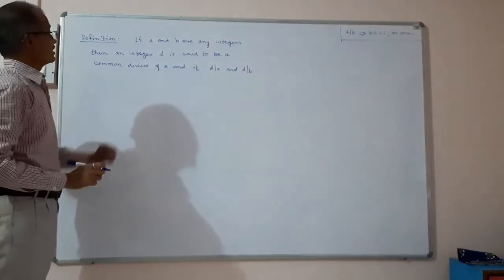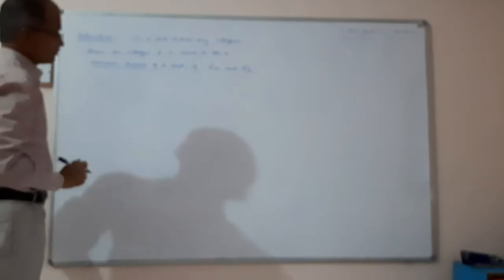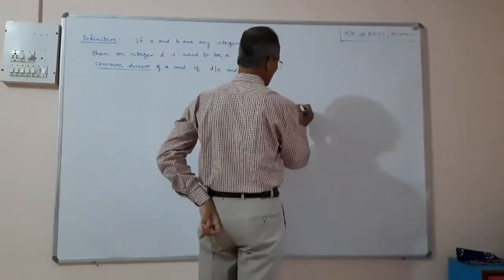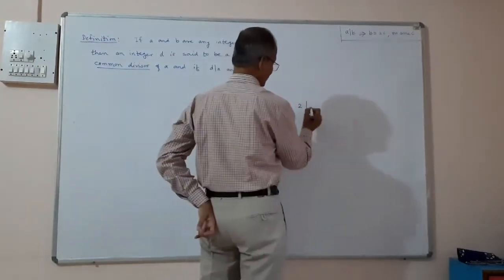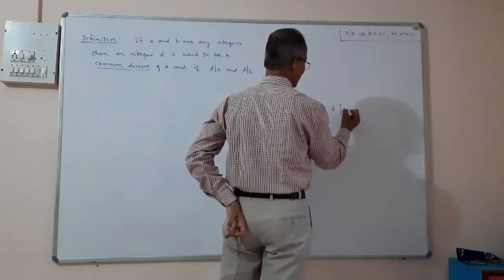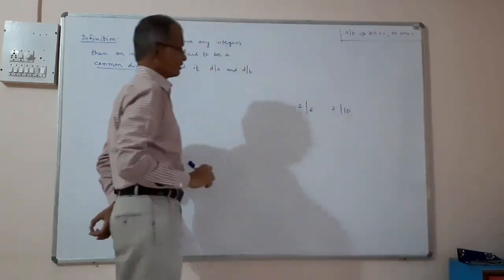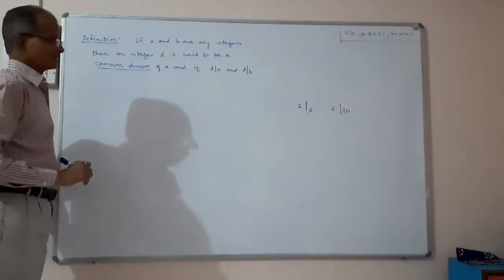Then d is a common divisor of a and b. The meaning is simple. You see, 2 divides 6, 2 divides 10. So 2 is a common divisor of 6 and 10, two integers.